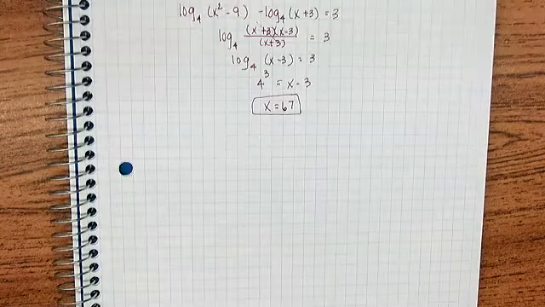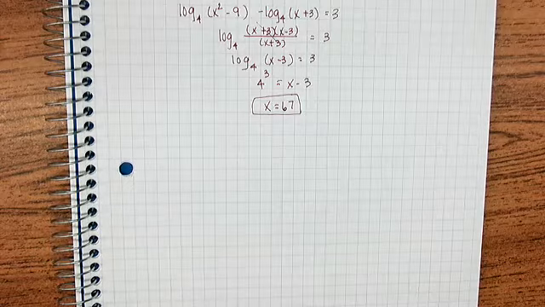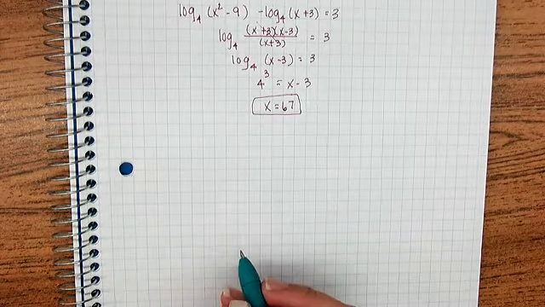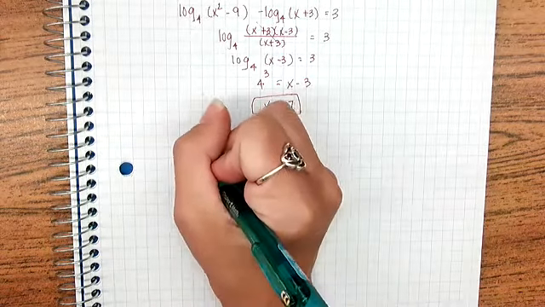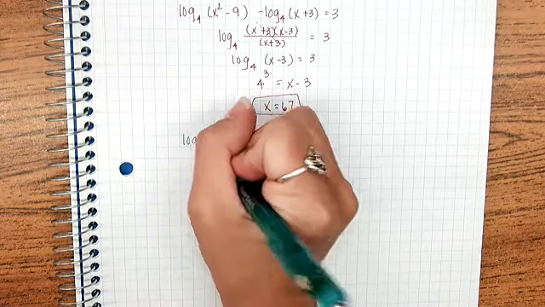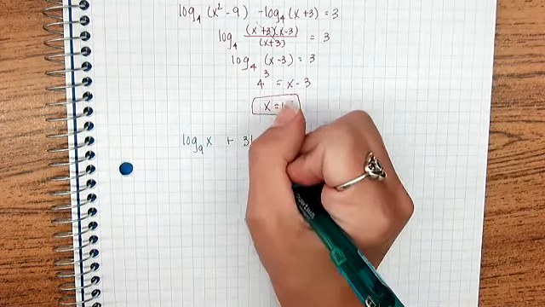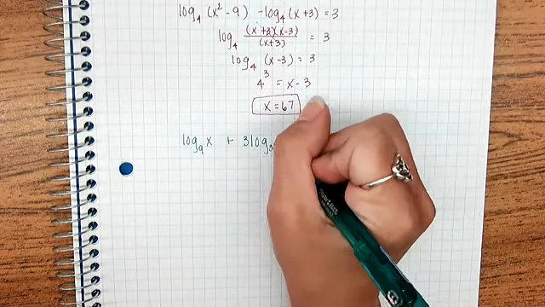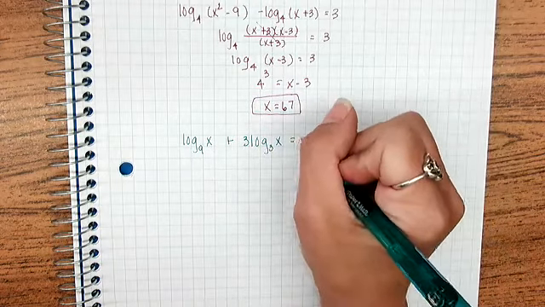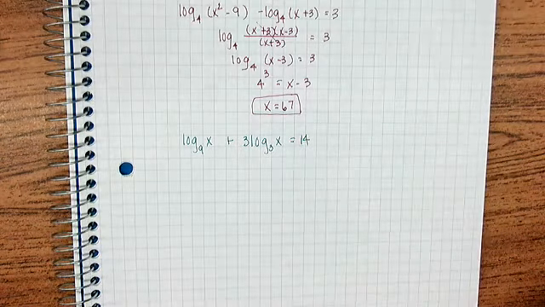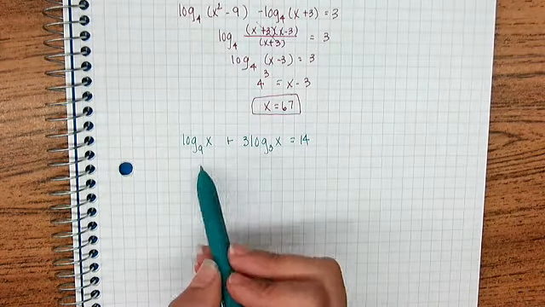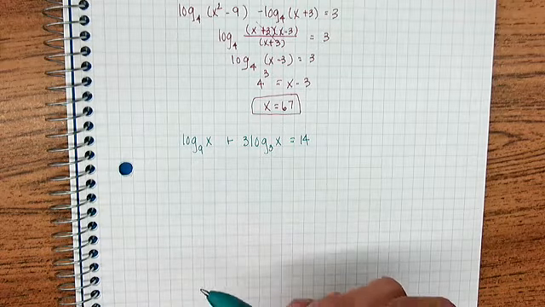The next one is going to involve the property that I gave you at the beginning of the video. So I have the log base 9 of x plus 3 times the log base 3 of x equals 14. They're not the same base, but I can make them the same base.